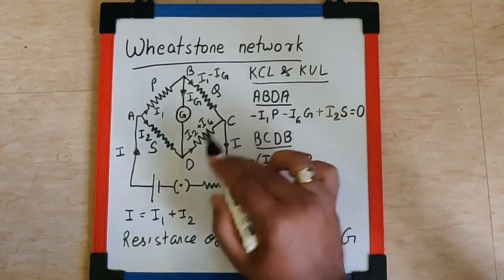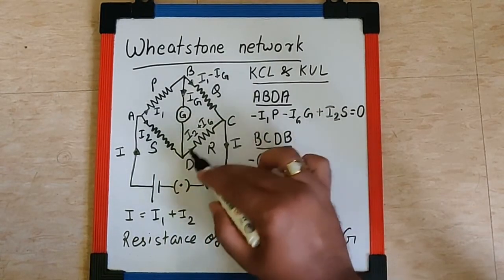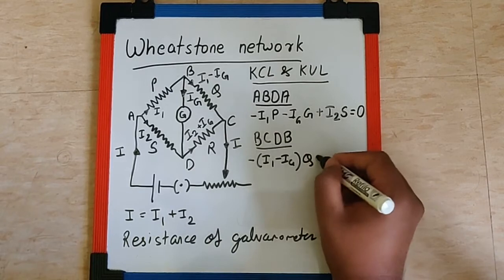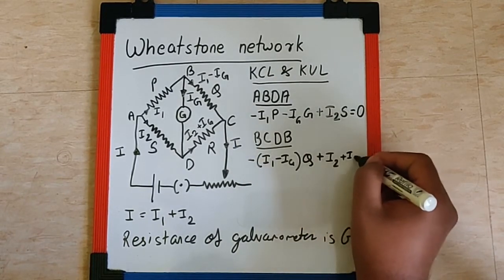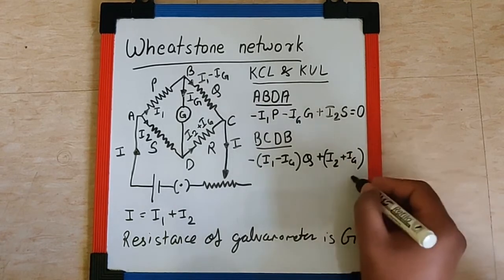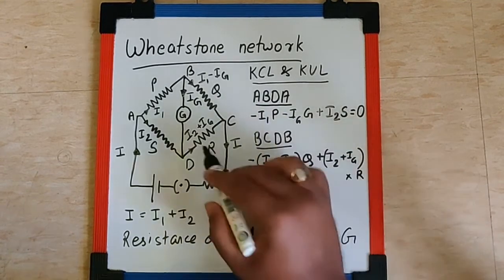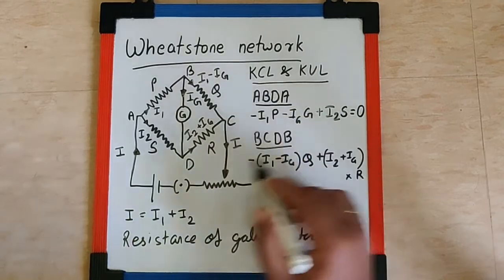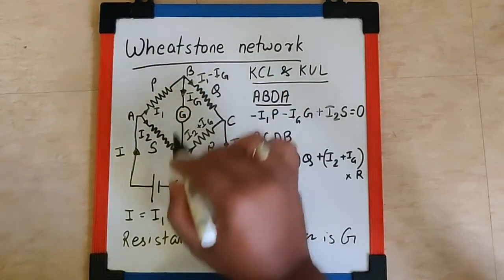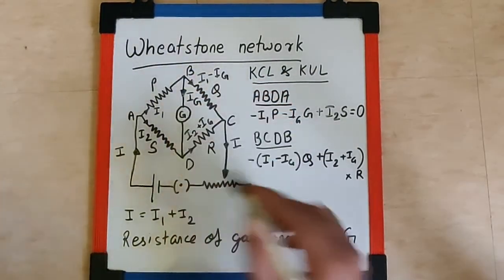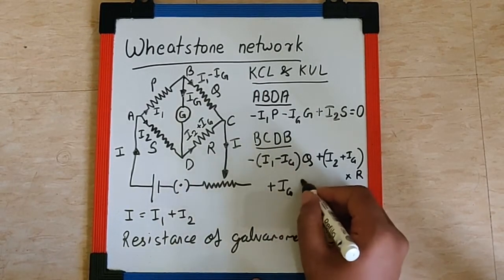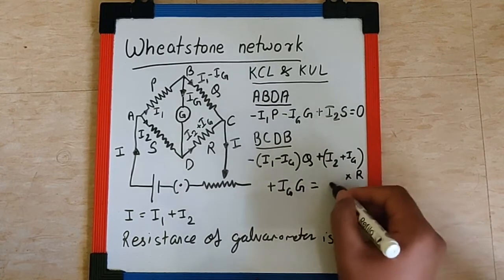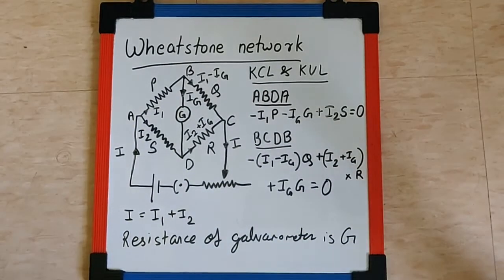Then while going from C to D, we are going in the opposite direction of the current, so it will be plus I2 plus IG, the whole into R. R is the resistance of this branch. And last, D to B, we are going again in the opposite direction of current, so it will be plus IG into G. And the total will be 0.